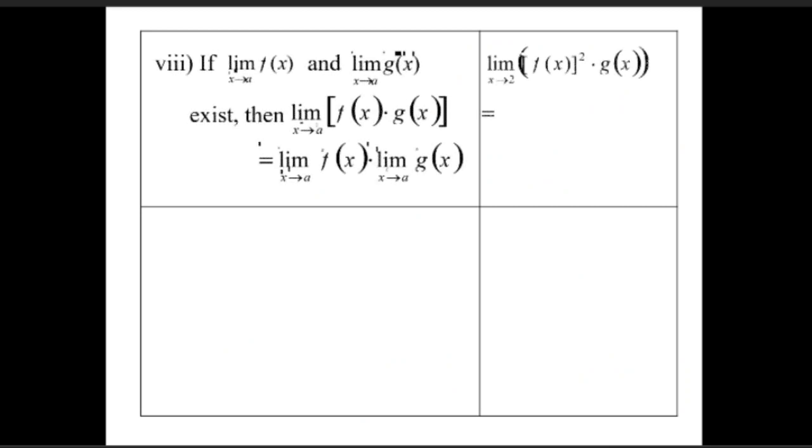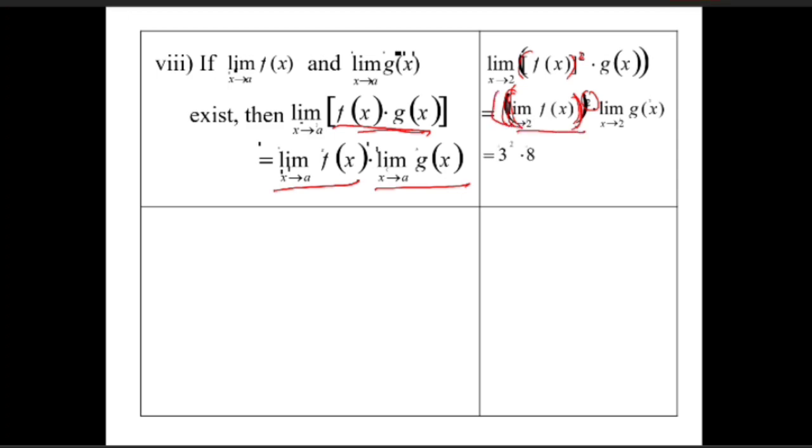The next property is, when we have two functions multiplied together, then we can separate it into two limits. For example, f(x) squared times g(x). First, we can separate them into two limits. And then, since the function f(x) is squared, we can put the bracket for all of the limit and then put the power for all of the limit.